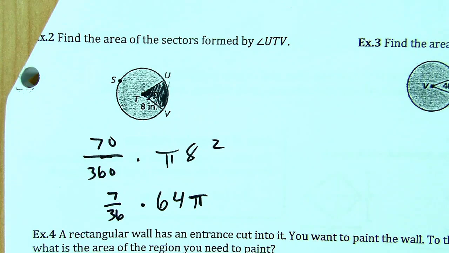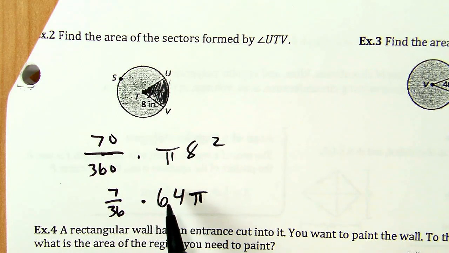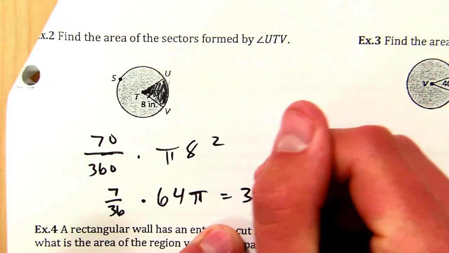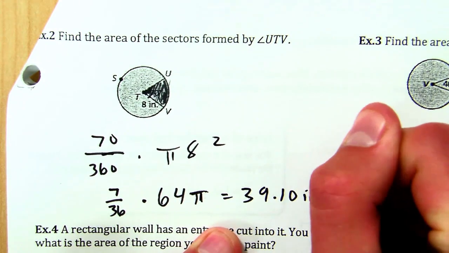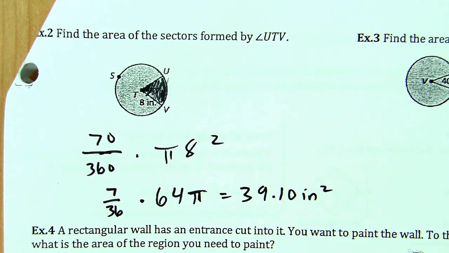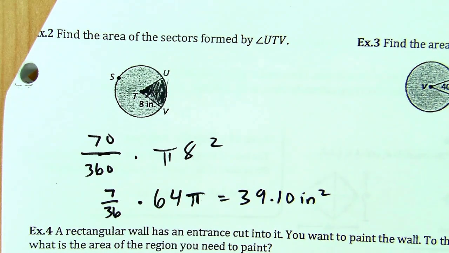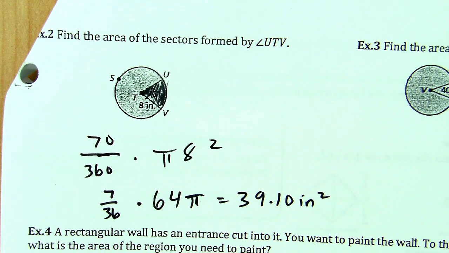And now actually if you want to just in your calculator do 7 divided by 36 times 64 times pi, you'll get an answer of 39.10, and that is in square inches. So just this portion right here would be 39.1. I don't want the area of the whole thing. I just want this much worth, 7/36 worth. Okay.